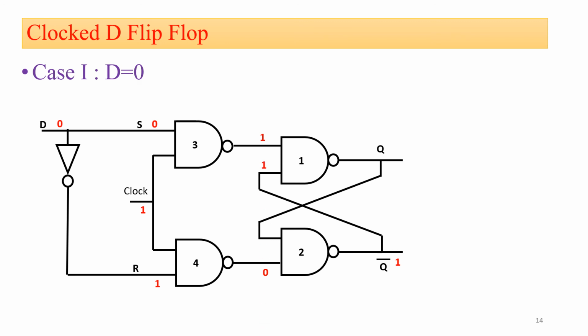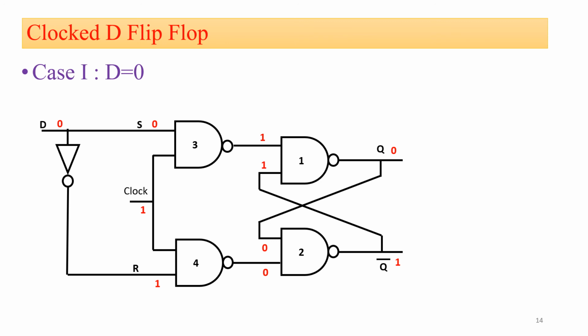As Q bar equals 1, the second input to your NAND gate number 1 will be 1. So both the inputs to your NAND gate number 1 are 1. That's why your Q will be 0. As Q equals 0, the second input to your NAND gate number 2 will be 0, because the output of your NAND gate 1 is connected with the input to your NAND gate 2.